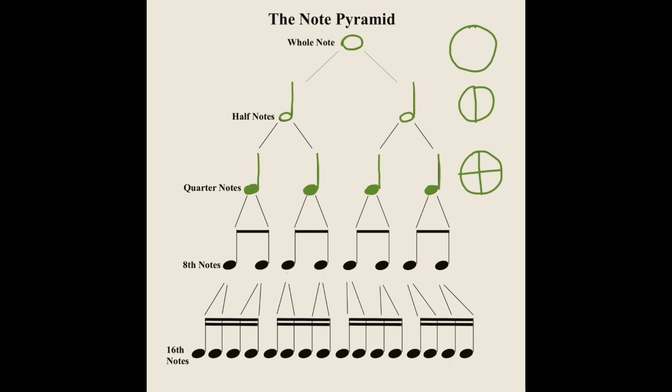We can take the quarter note, we can break it down into eighth notes. So an eighth note is worth half of the value of a quarter note, and an eighth note is worth an eighth of the value of a whole note, okay? And we do this by just drawing a quarter note.